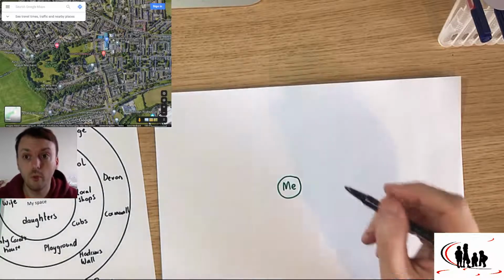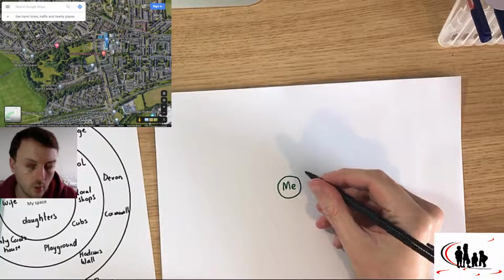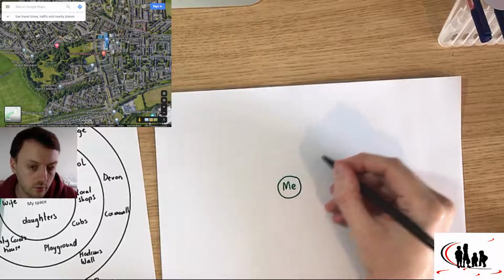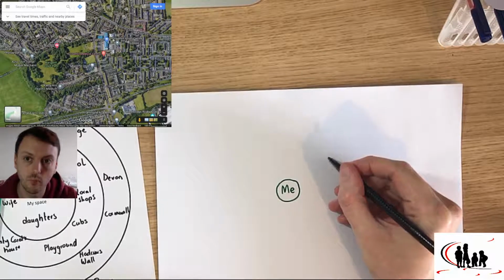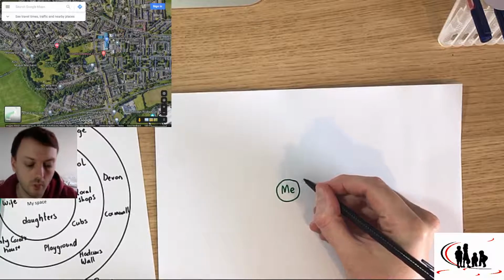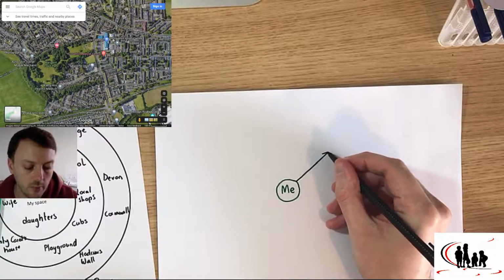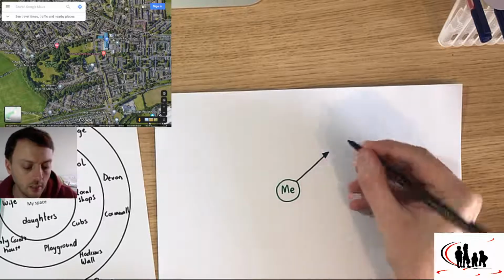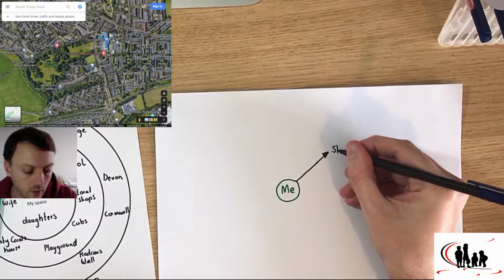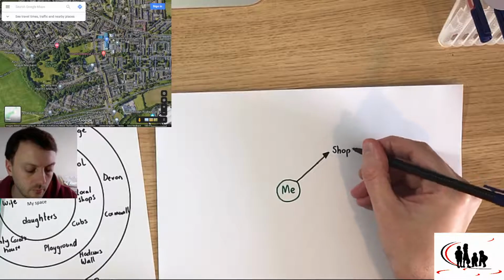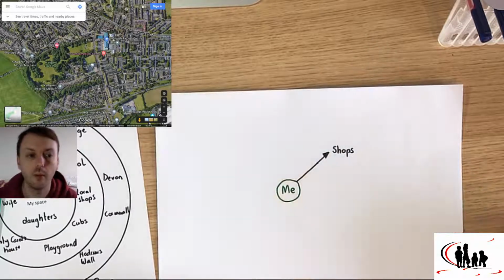So the shops are that direction, and they're a fair way away. So I'm going to do a reasonably long arrow, and I'm going to write shops. Now I went to Ashley Cooper School when I was younger.